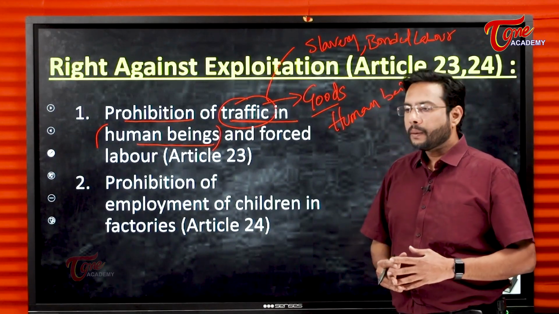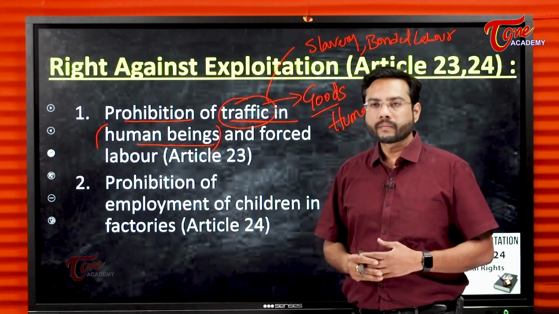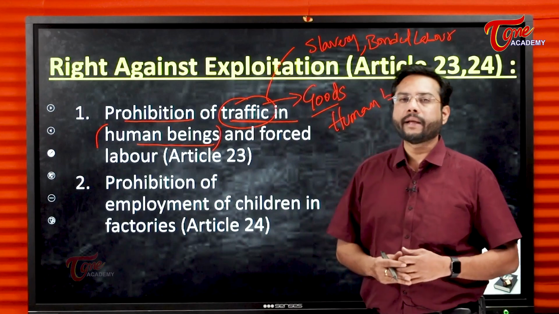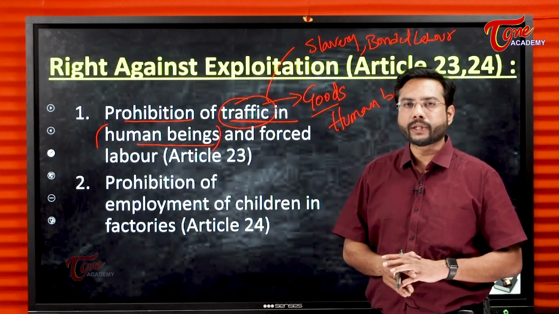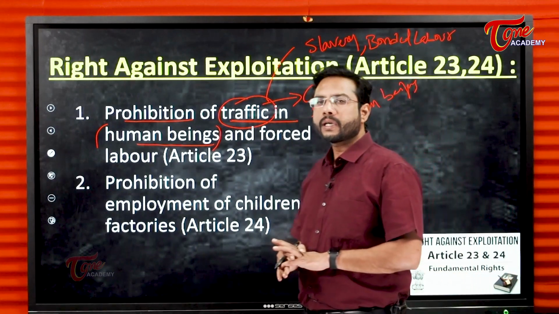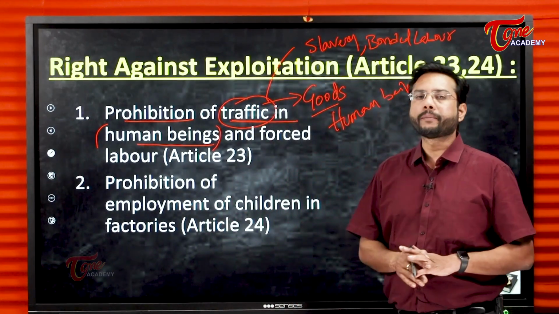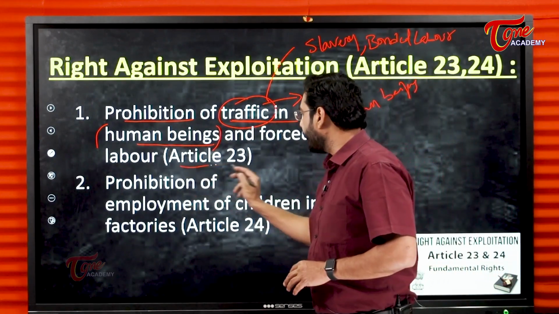Earlier, people used to get sold. People used to buy persons to get them into slavery or to make them work in very hazardous situations, or they made them work below their dignity. All these have been prohibited in our Constitution by Article 23.